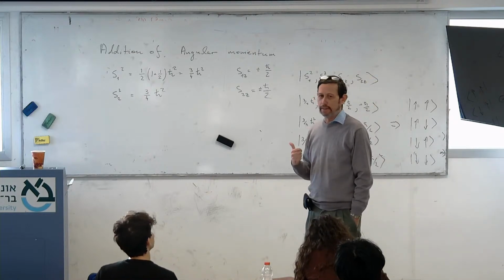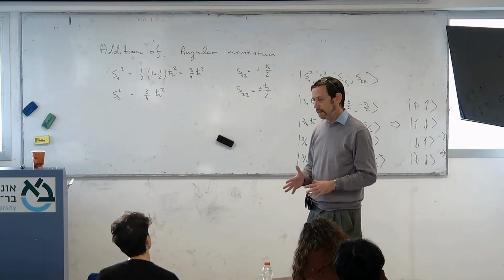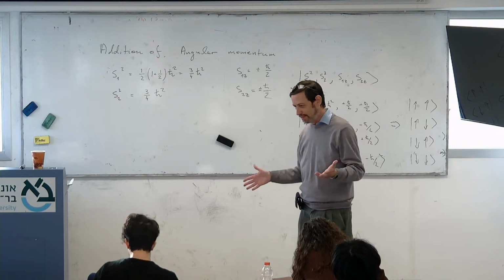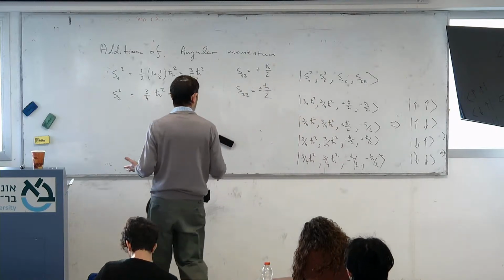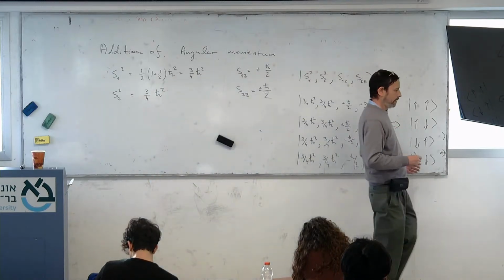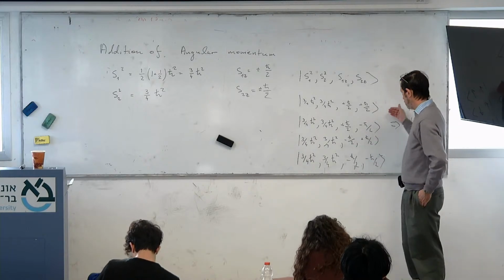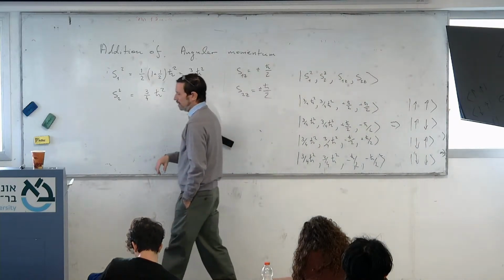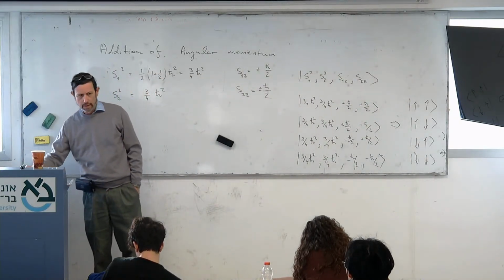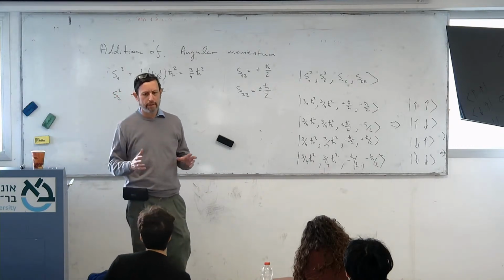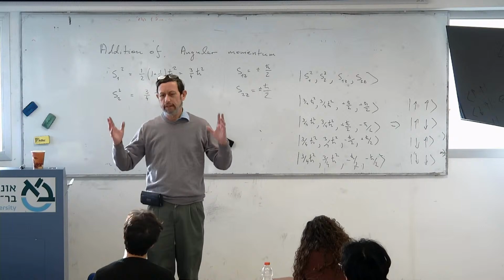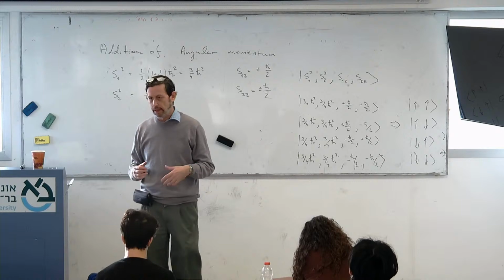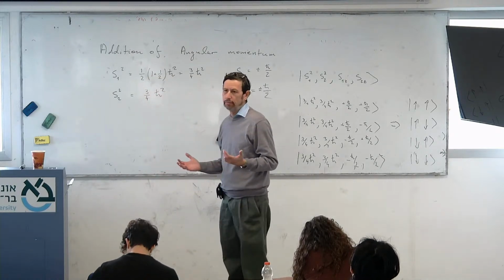And we are assuming that I can say which particle is the first, second, third. Okay, so I have this structure. Now I say, I don't like it. I want to treat those two particles as one system that has some combined angular momentum.